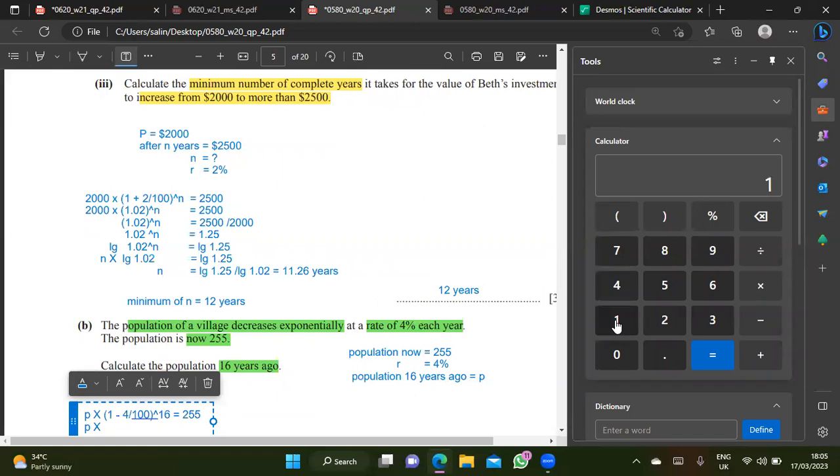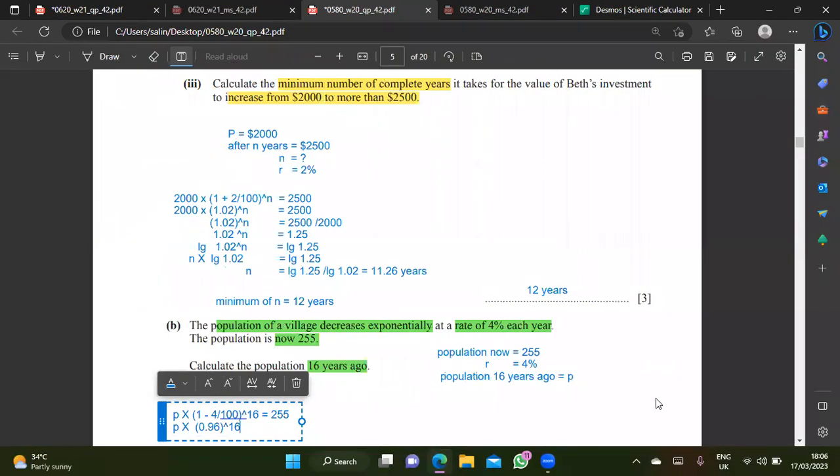So 1 minus 4 over 100, and that would be 0.96. If you like, you can key everything into the calculator and just get the answer, but I prefer to do it step by step. At the same time, it's easier for you to understand because I'm teaching.